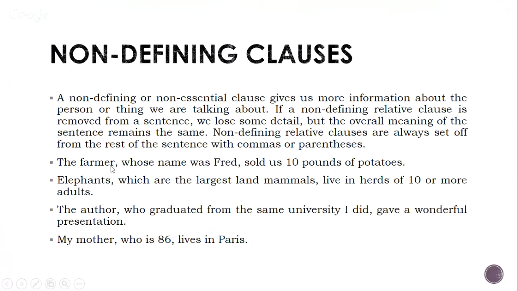The farmer whose name was Fred sold us 10 pounds of potatoes. Elephants, which are the largest land mammals, live in herds of 10 or more adults.